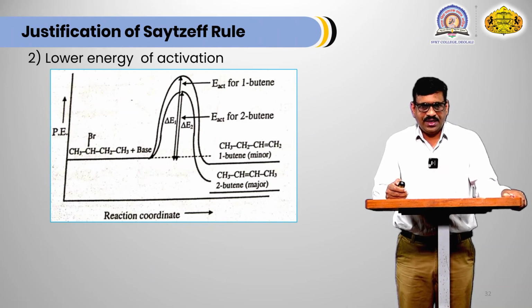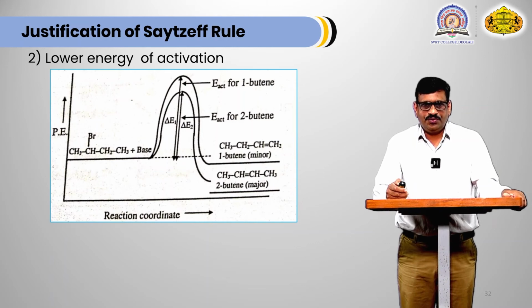If you see this diagram carefully, we can find that the energy required for formation of 2-butene is less. The energy of activation for formation of 2-butene is less as compared to the energy of activation for formation of 1-butene. This indicates that 2-butene is formed at a faster rate, or it requires less energy to achieve the transition state.